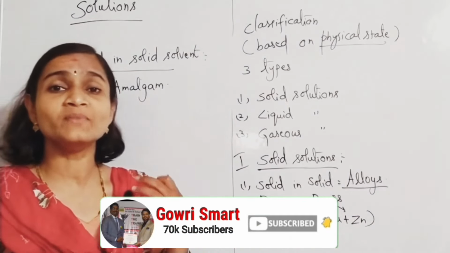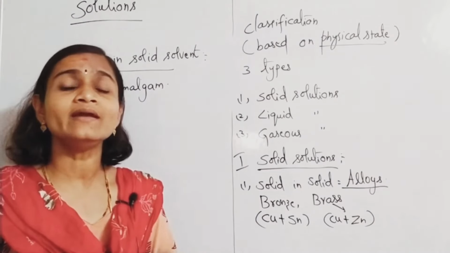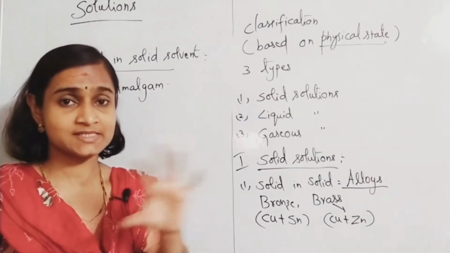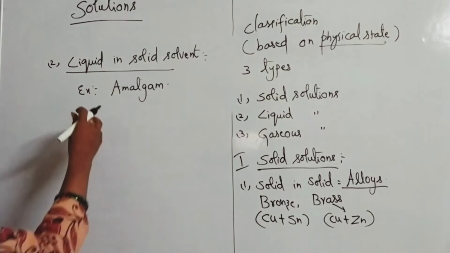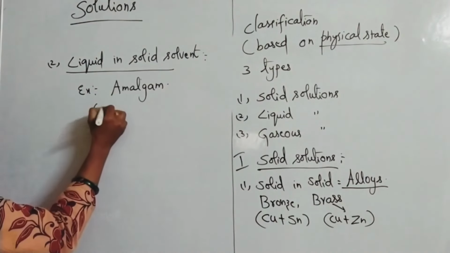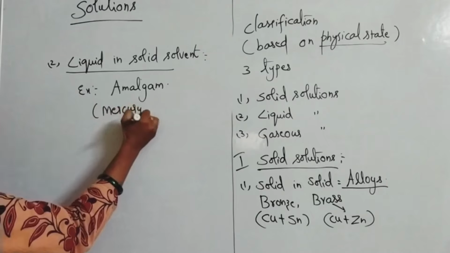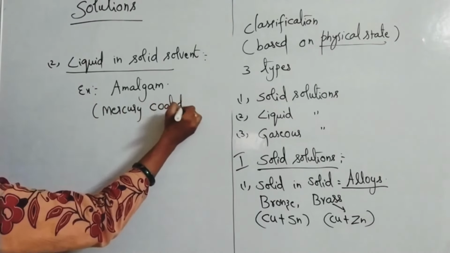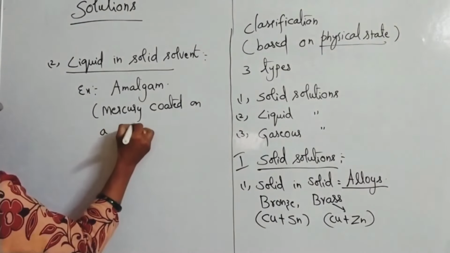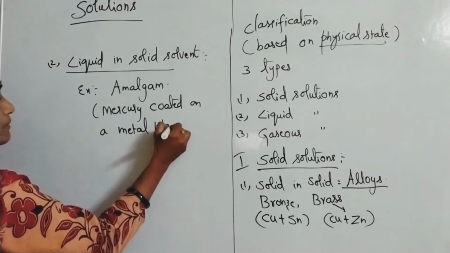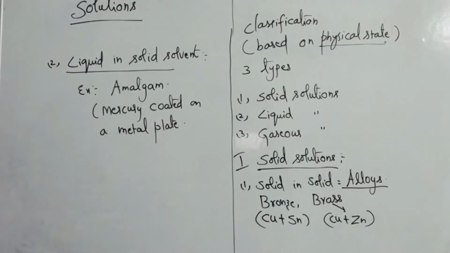Coating of mercury over a solid metallic surface. Mercury coated on a metal plate is called amalgam. So please remember, this is an example of liquid in solid solvent.